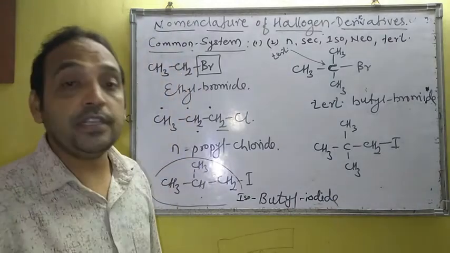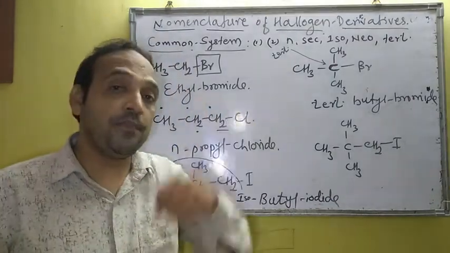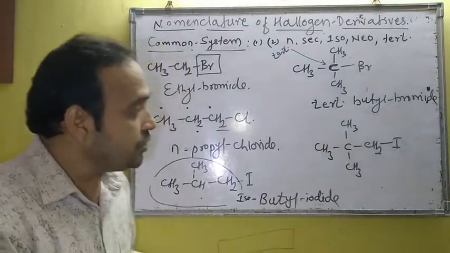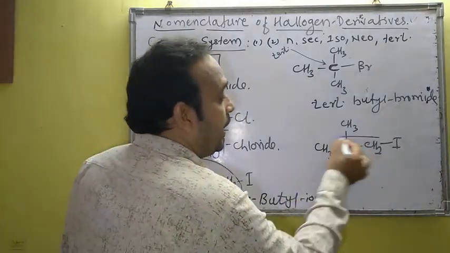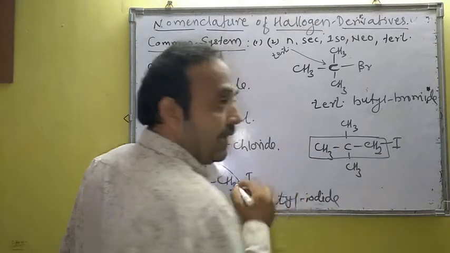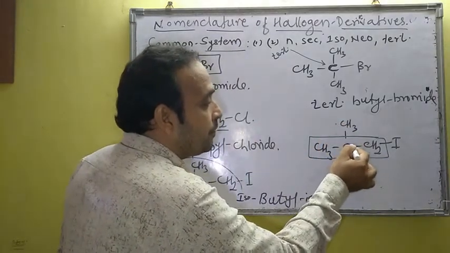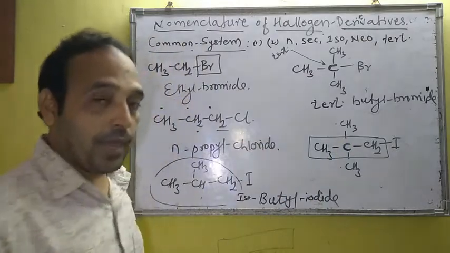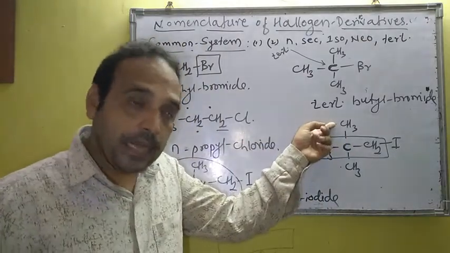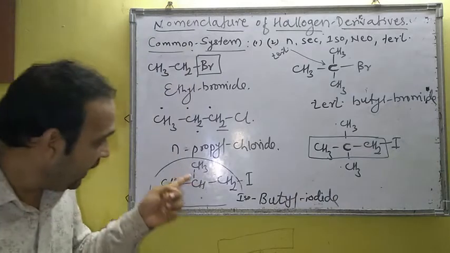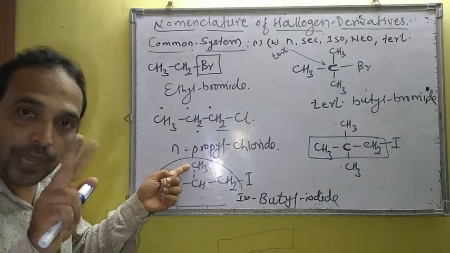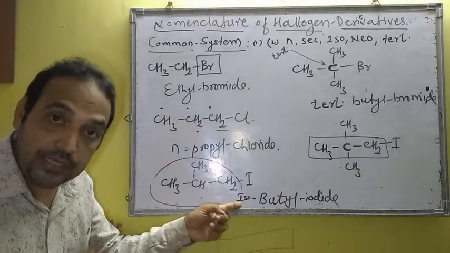But which prefix is used? Now just check this carbon chain. Two methyl groups are attached to carbon number 2, one upside and second down. When 1 methyl group is attached to carbon number 2, the prefix used is iso.